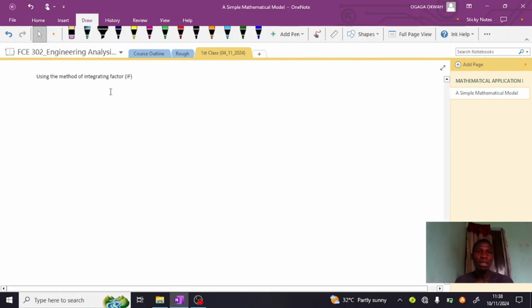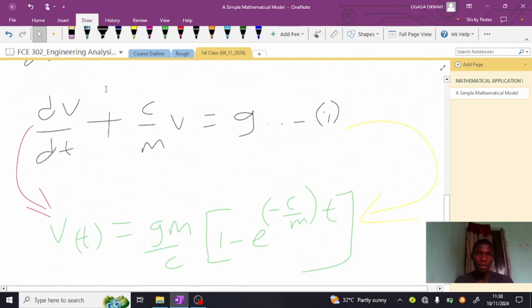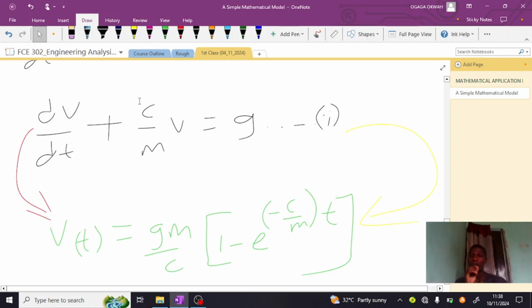So, for the method of integrating factor, we use the integrating factor of this equation to multiply through.